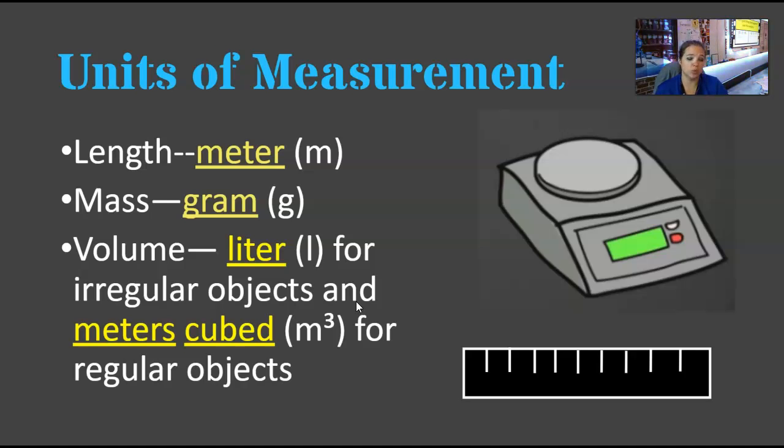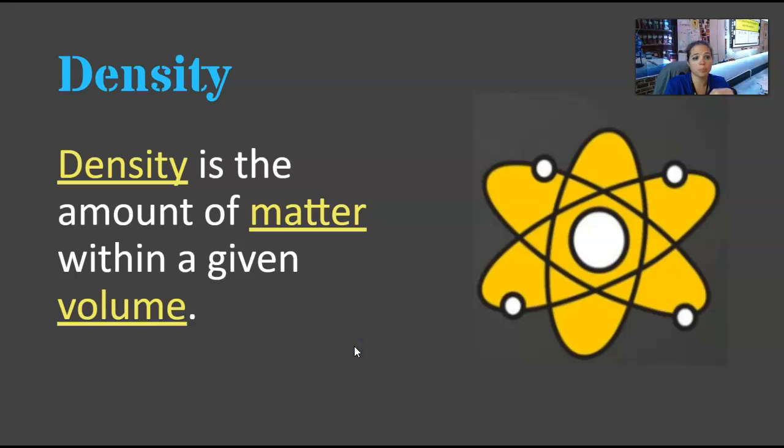And meters cubed or centimeters cubed for regular objects when you are measuring with a ruler. Remember, that volume is length times width times height. So it's x times x times x. So you get x to the third, which is why you have meters cubed or centimeters cubed.